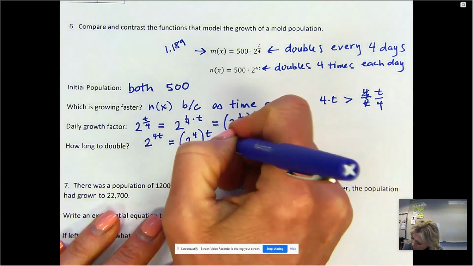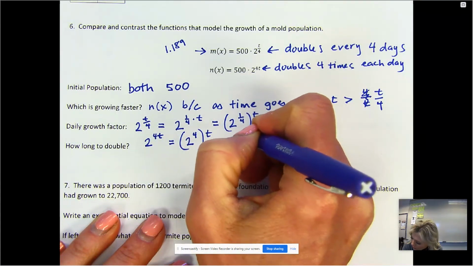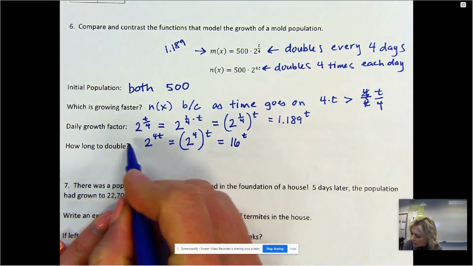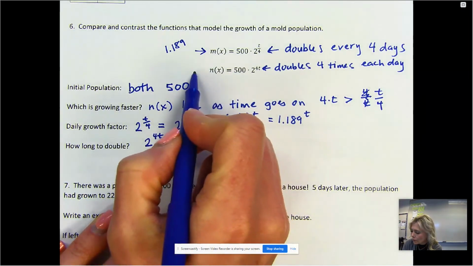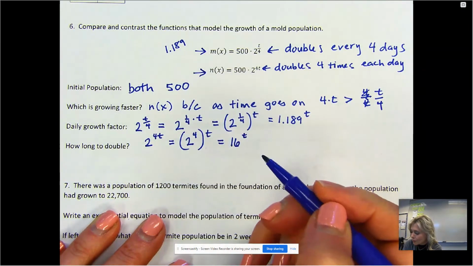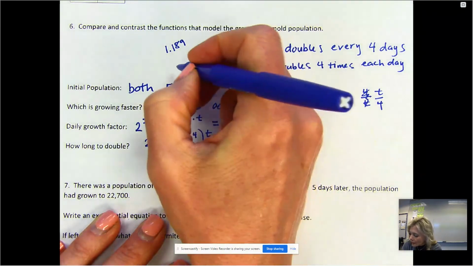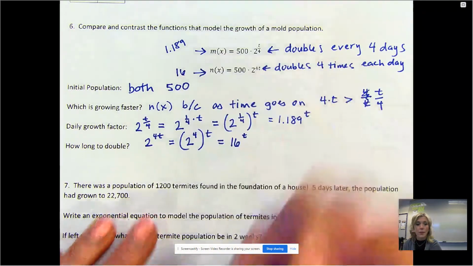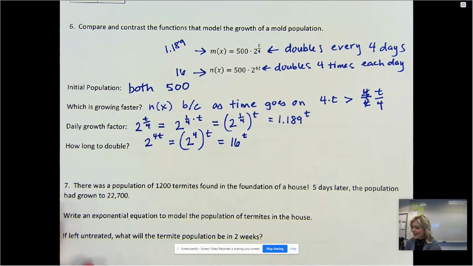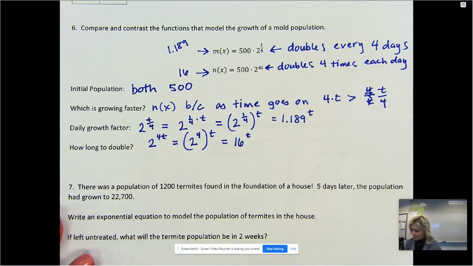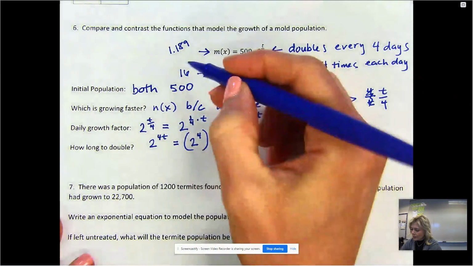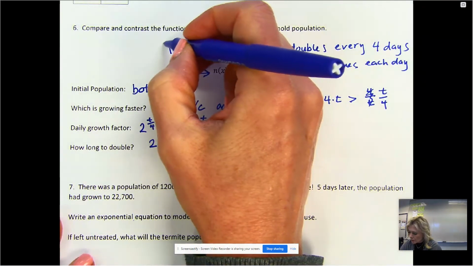So this is equal to 16 to the t. So the daily growth factor for this population of mold is 16. Yikes, that's a lot of mold. All right. Okay, so that's the daily growth factor here. I'm just going to label that.